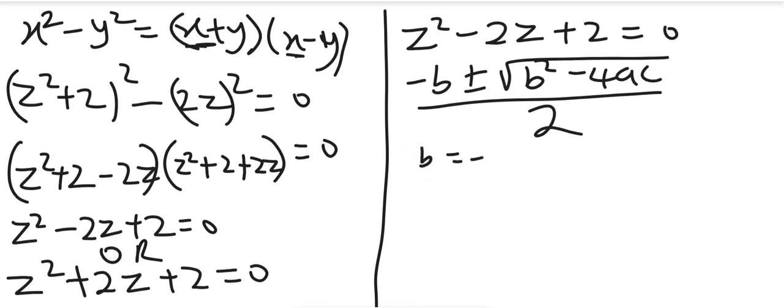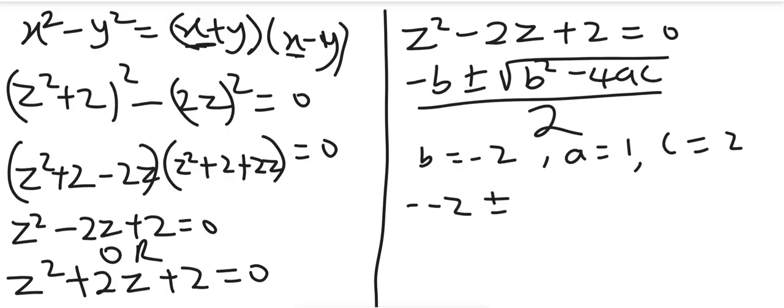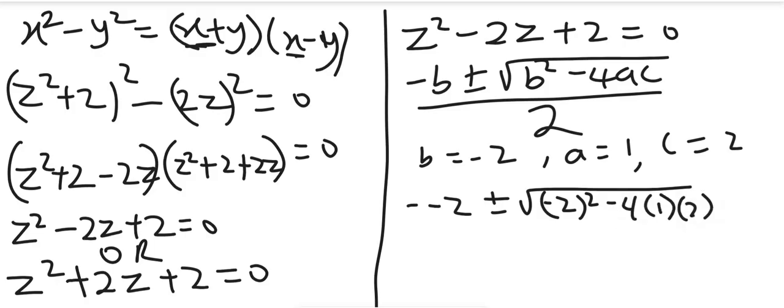B is negative 2, a is 1, and c is 2. So let's substitute everything. Negative of negative 2, plus or minus square root of negative 2 squared minus 4 multiplied by a, which is 1, and c, which is 2, everything divided by 2 multiplied by a.